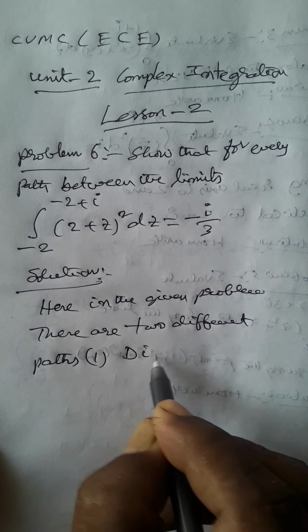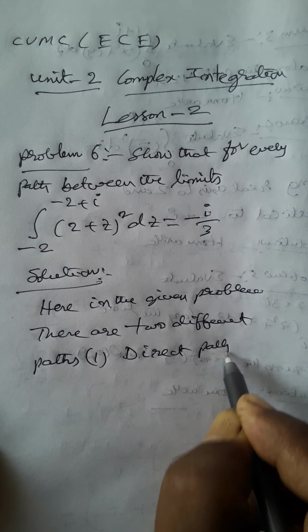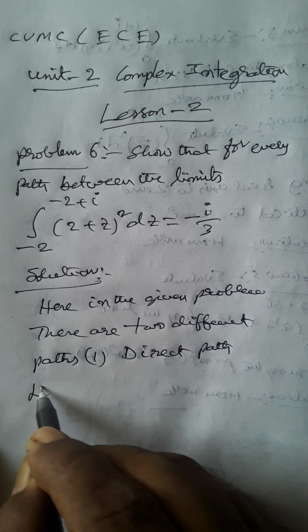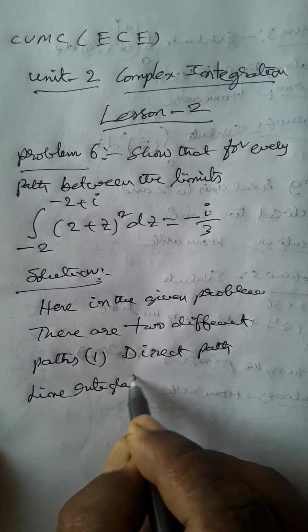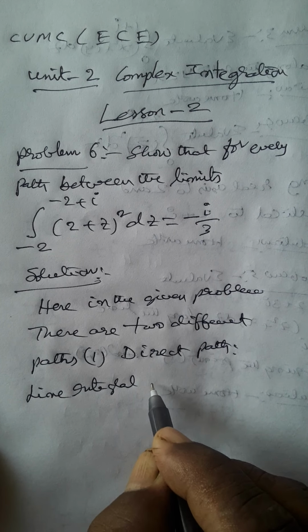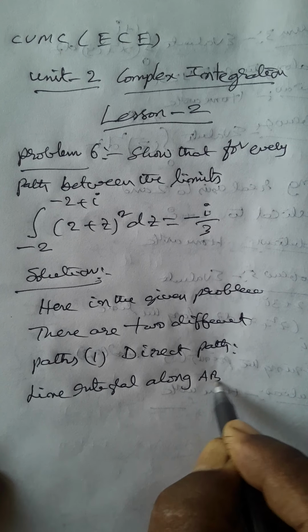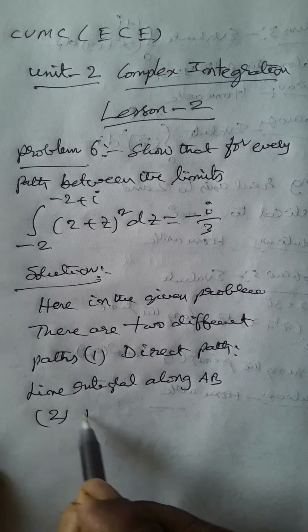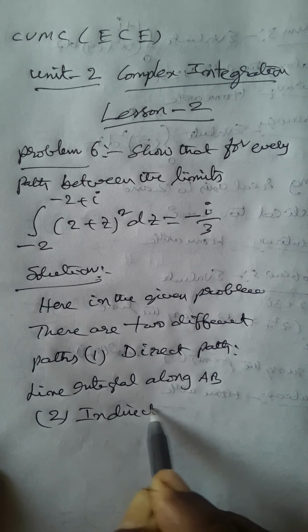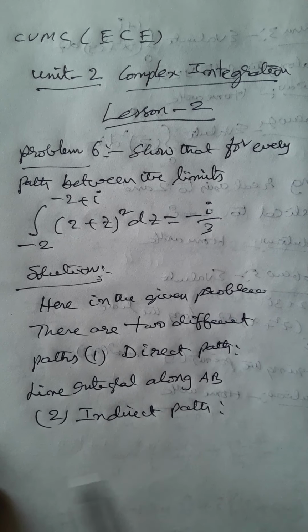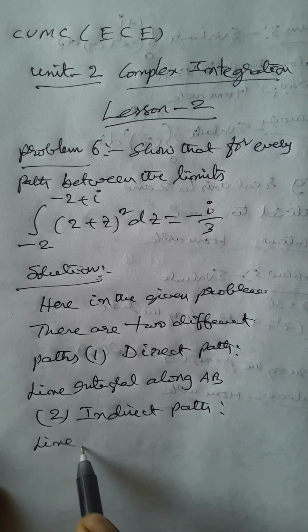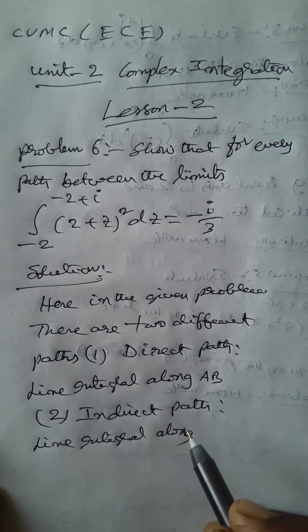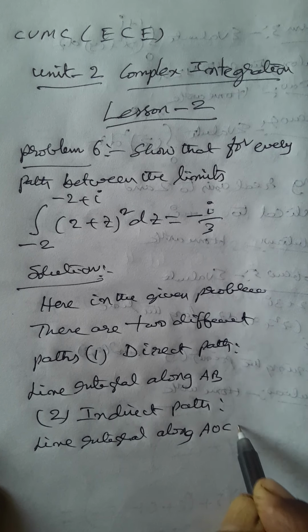Number 1, direct path, line integral along AB. Number 2, indirect path, line integral along AOCB.